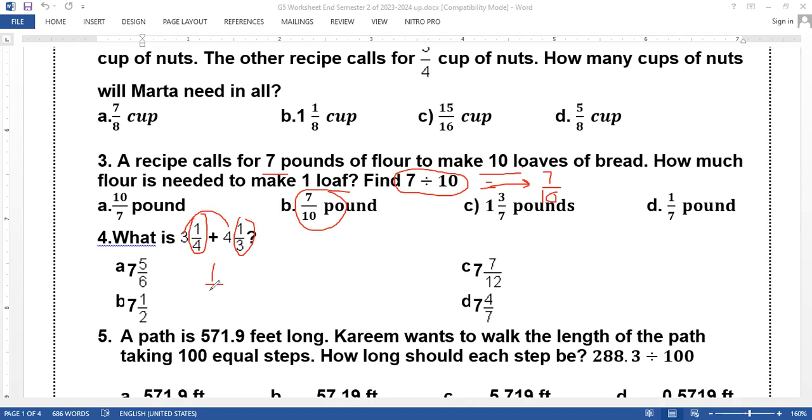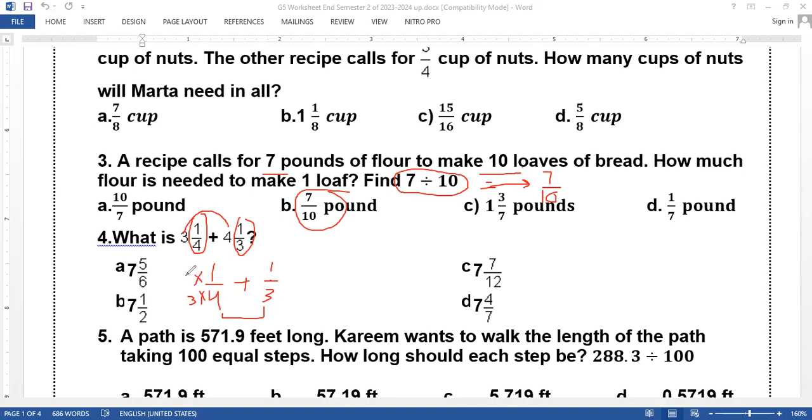1/4 plus 1/3. We need to add these fractions, but they have different denominators. The LCD, least common denominator, is 12, because these two numbers meet at 12. To make 4 into 12, we multiply by 3. Remember, up and down.